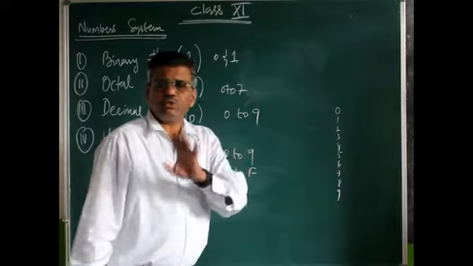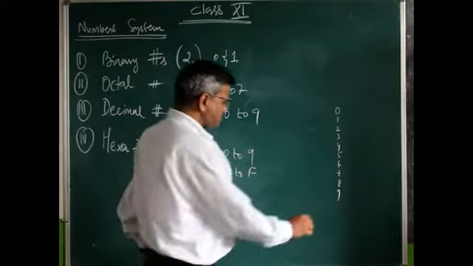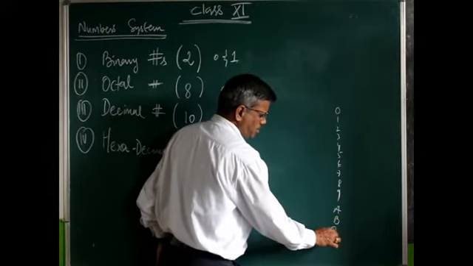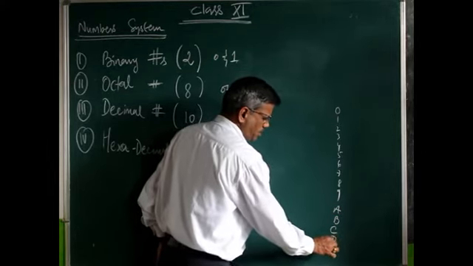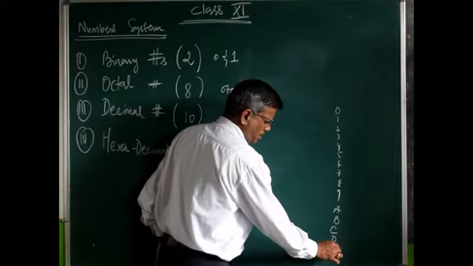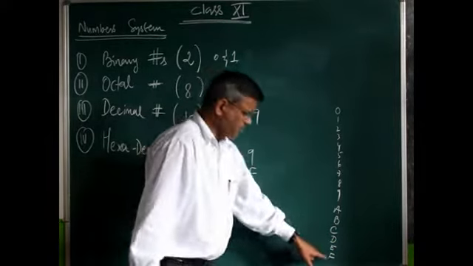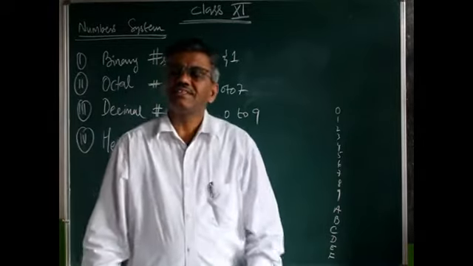In hexadecimal, we don't write 10 as 1, 0. We write it as A. 11 we write as B. 12, C. 13, D. 14, E. And 15, F. 0 to 15, how many of them are there? 16 are there.